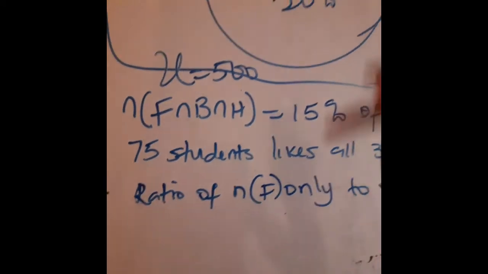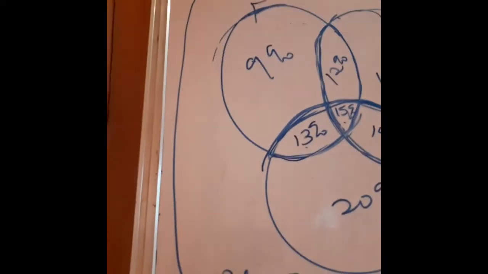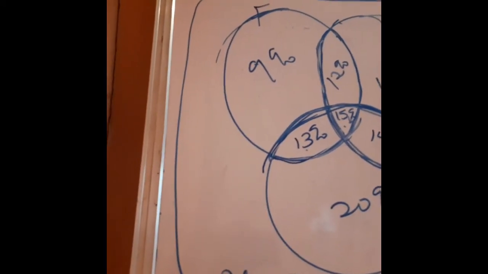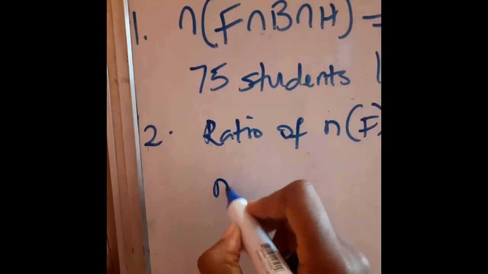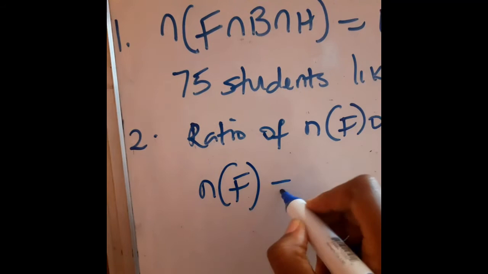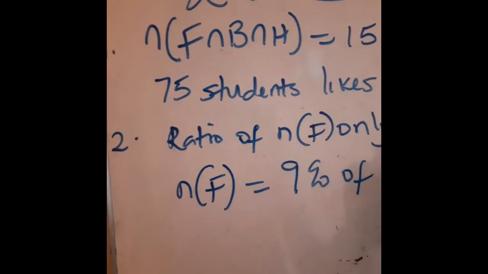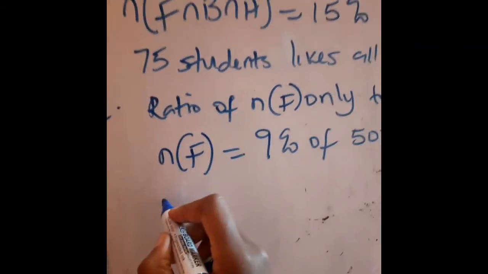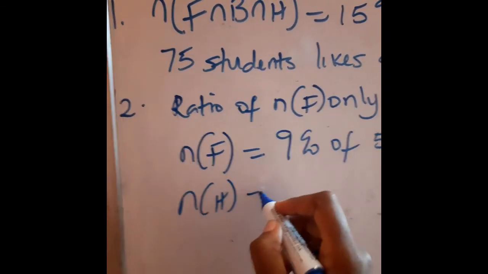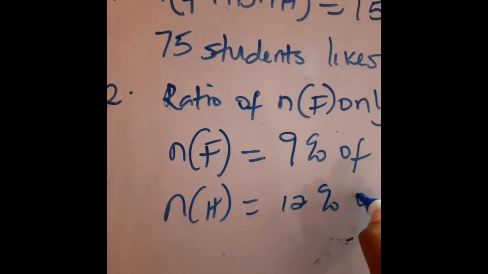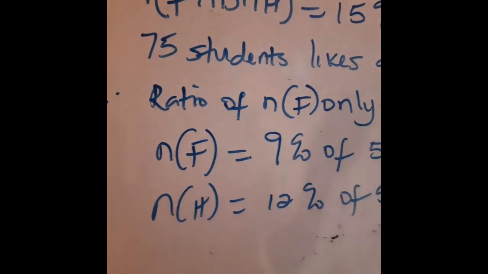And from our question, those that like football only equals 9% of 500, and hockey only is 12% of 500.